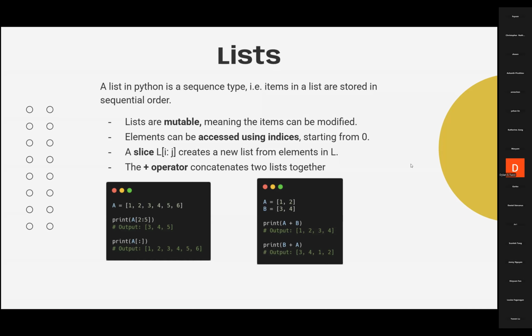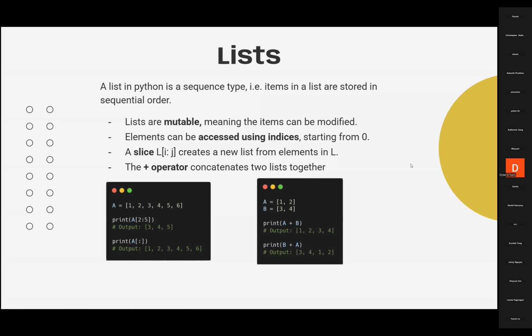For elements in the list, we can access them using indices starting from zero. Zero is the first element, one is the second element, and so on. We can also start from -1, which is the last element, and -2 is the second last, going from right to left. The third point is that a slice L[i:j] creates a new list from elements in L, where i is closed and j is open.